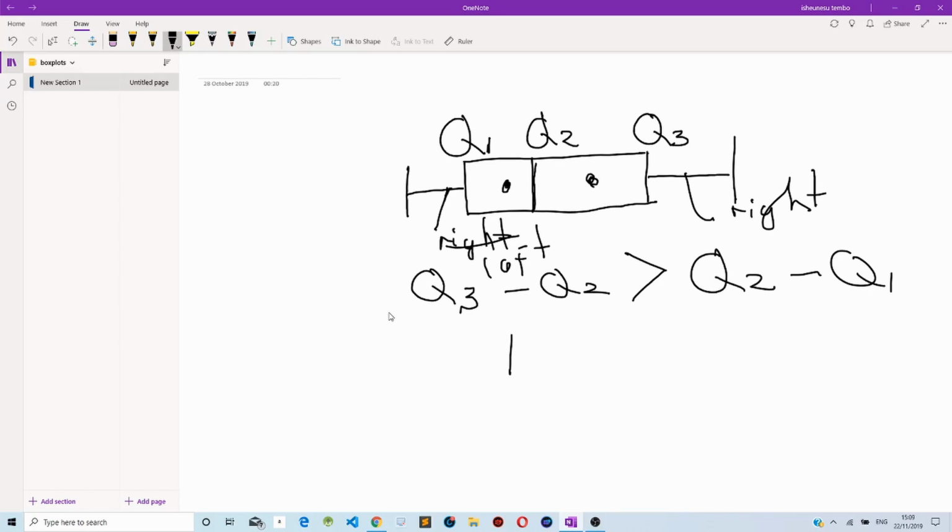But there's a second scenario in which this box and this box are equal.